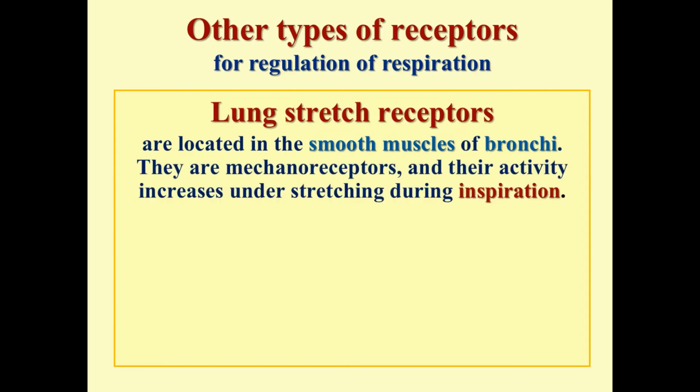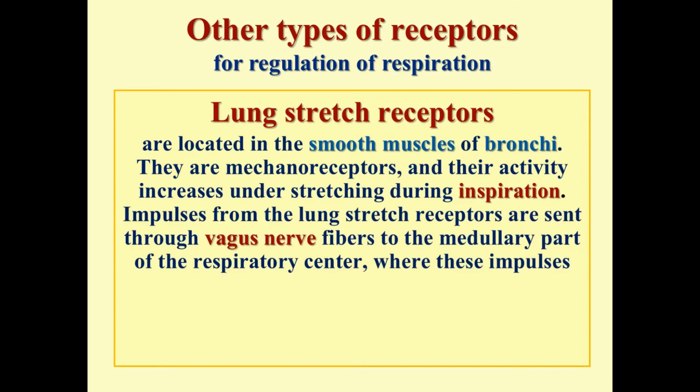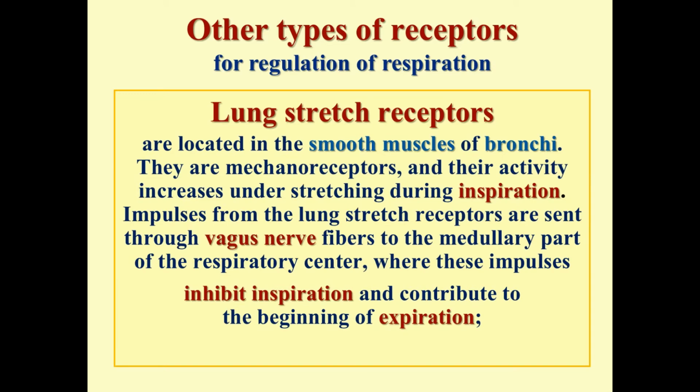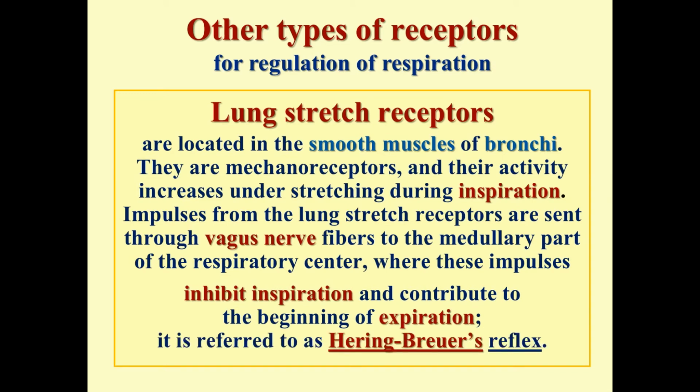These mechanical receptors are stretched by inspiration, and impulses are generated proportionally to the degree of stretching. They are sent through vagus fibers to the medullary part of the respiratory center, where these impulses inhibit inspiration and contribute to the beginning of expiration. And all this is referred to as Hering-Breuer's reflex.